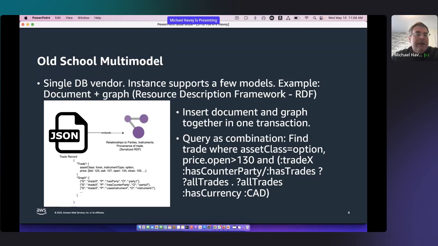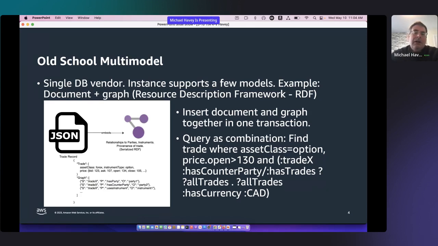So on the left, we see a trade represented overall as a JSON object, and it has both trade details such as asset class, instrument type, different prices of the trade, as well as a graph section where you would maintain triples representing relationships that this trade may have to other business objects like parties, counterparties, instruments, and so on. So we see a mixture of document and graph together in the same model.